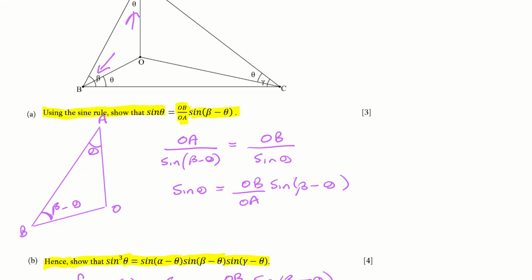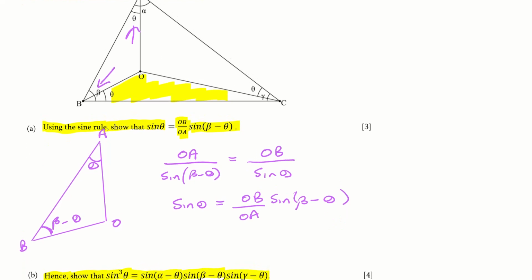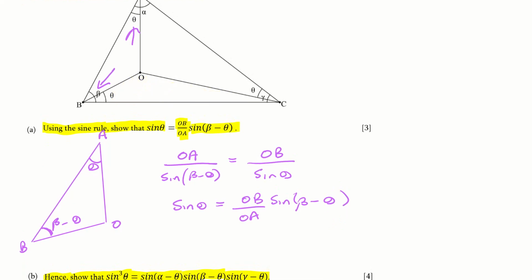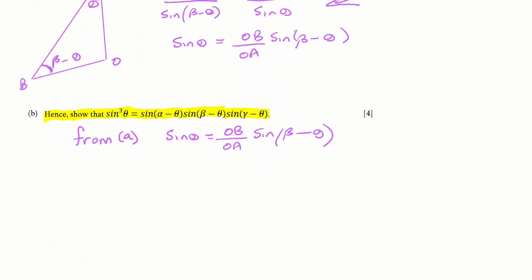Can we get something similar from the triangle at the bottom here, and then from the other triangle AOC? Well, I'm sure we can. This angle here, for example, would be gamma minus theta. The angle at the top here would be alpha minus theta. And so we could use those triangles in a similar way to what we did here to get the following results.